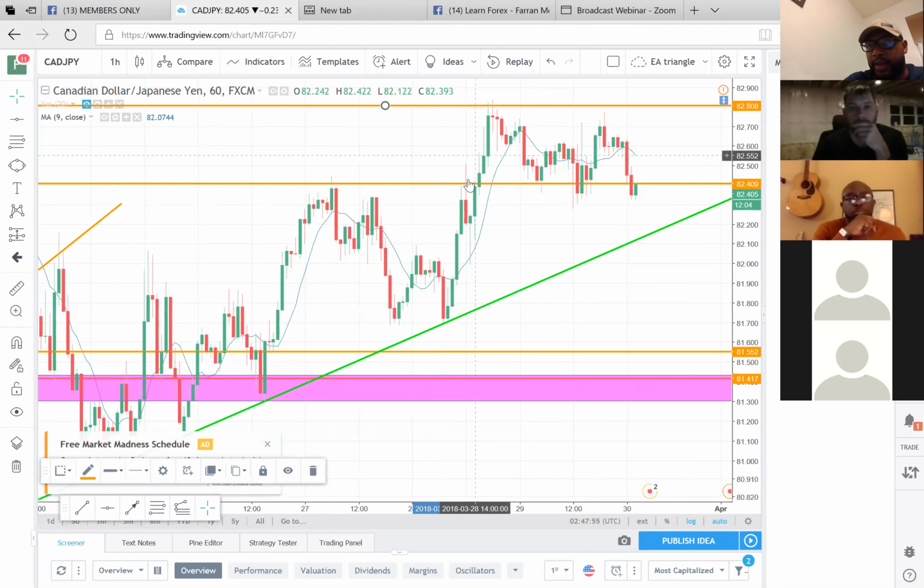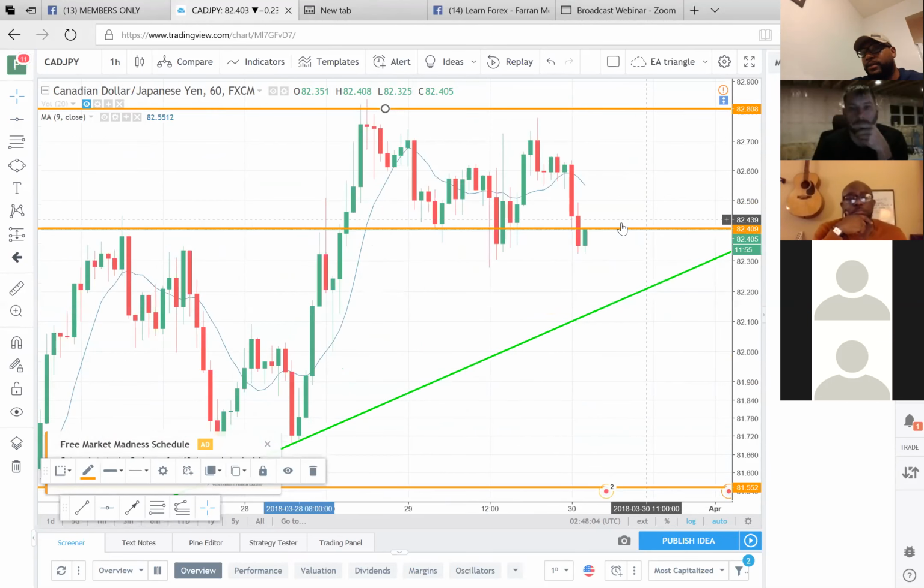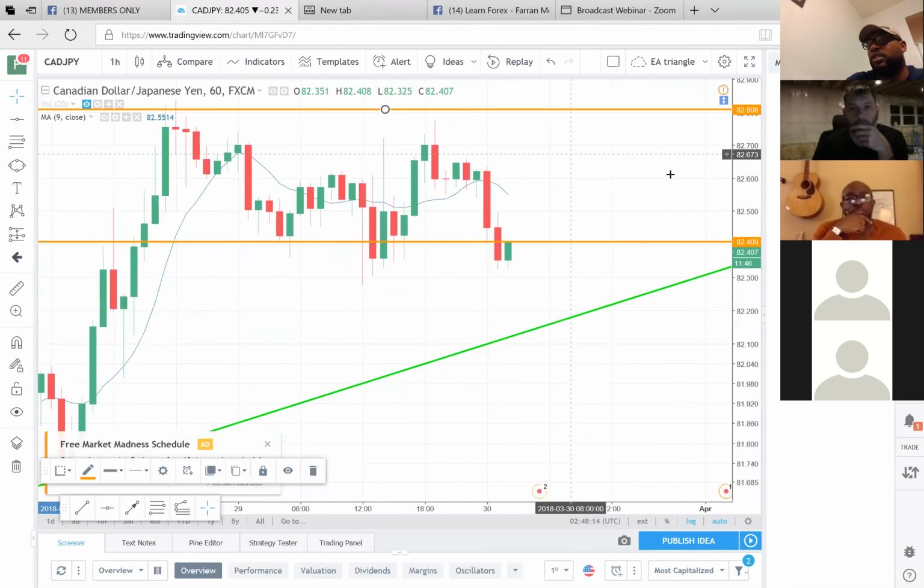It came here, it tested, it dropped down, and then it went back up. So even in the mix of this zone, right now we're just ranging. We know price is probably not going to go any higher than this 82.8 area. And if it does, it's going to give us a little drawback, and then it'll break up.